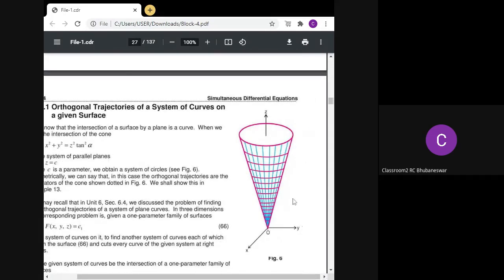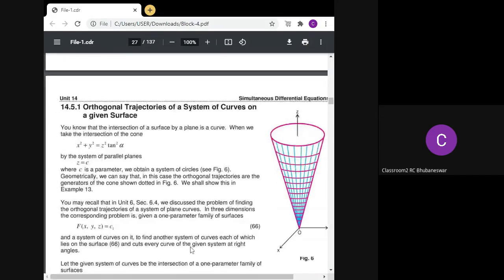look, these are the intersection of two families of surfaces. All the blue lines may be considered as one family of surfaces, and all the pink lines will be considered as a system or family of other surfaces.